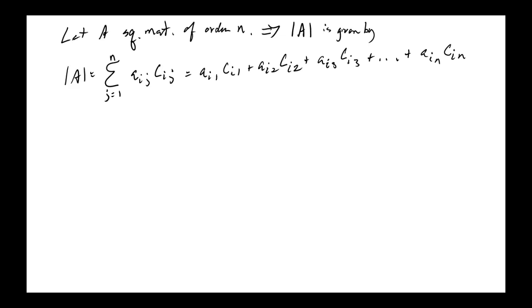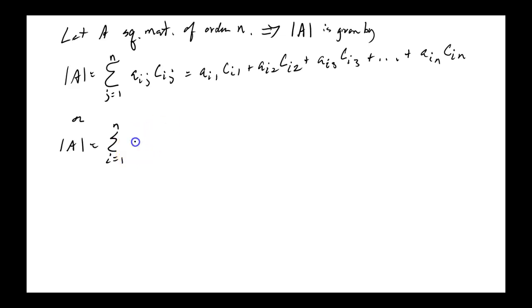Any row. i can be any one of the numbers from 1 to n. Any number. But you just keep that one row that you're doing. Or the determinant of A is the summation of i equal 1 to n. This time we're going to let the i's vary, which number your rows, but you pick a j, any column, and do this.